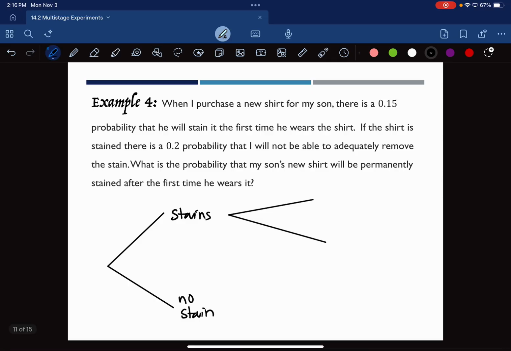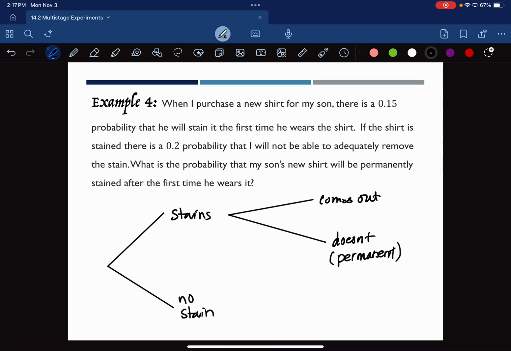Now, what are the 2 options when I try and get the stain out? Yep, the stain either comes out or it doesn't. This is the permanent category. Okay, so we do not have to have 2 branches extending from the no stain because there's no branches necessary. Y'all good with that?